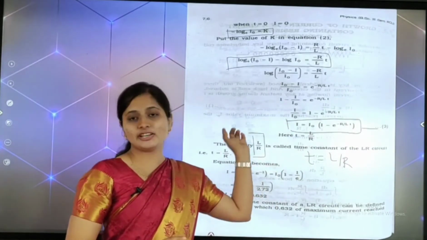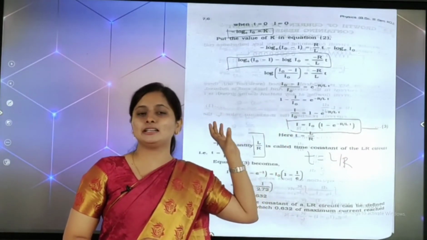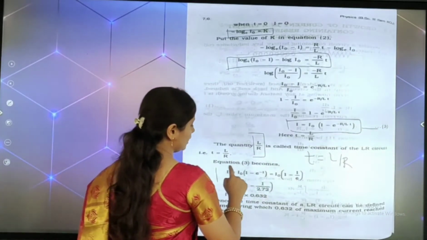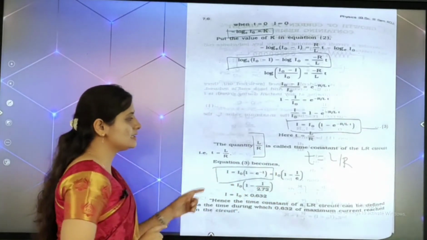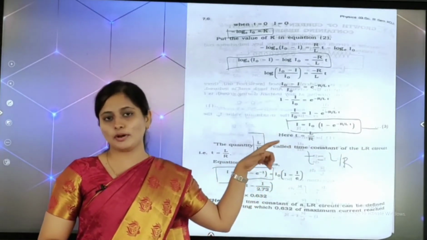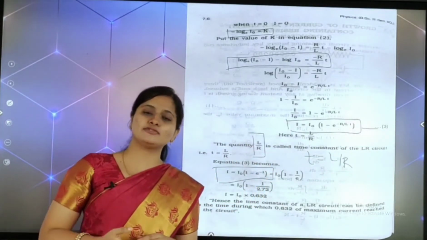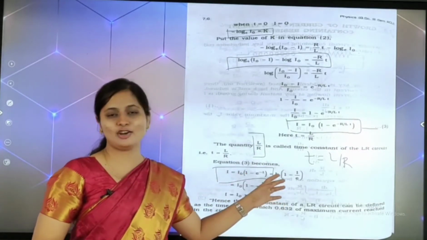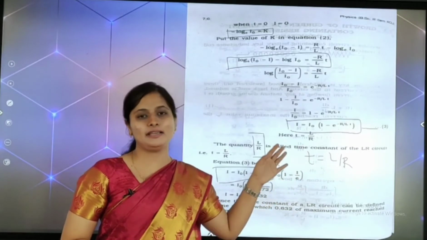By substituting the time constant value in equation number 3, we get this equation: I equal to I naught into 1 minus e raised to minus 1. Again, e raised to minus 1 is nothing but 1 by e, so we can write I naught into 1 minus 1 by e.